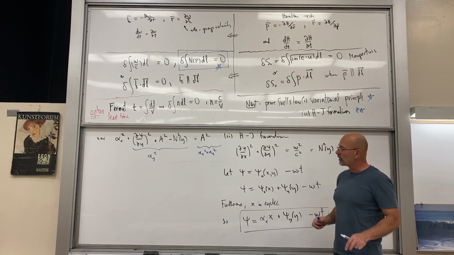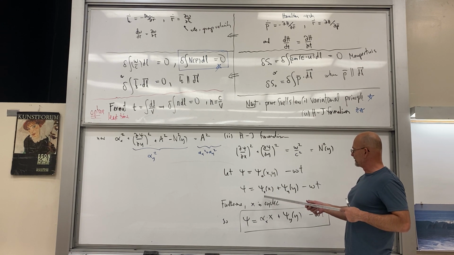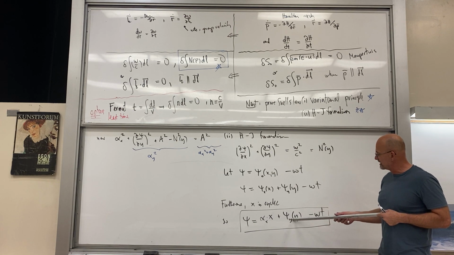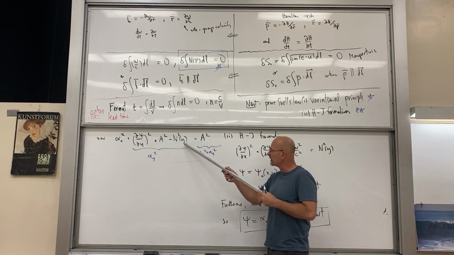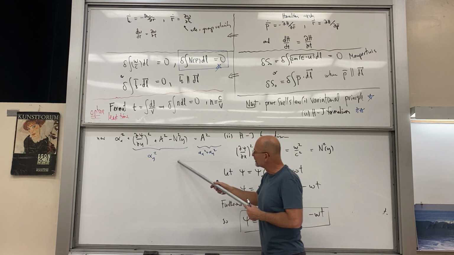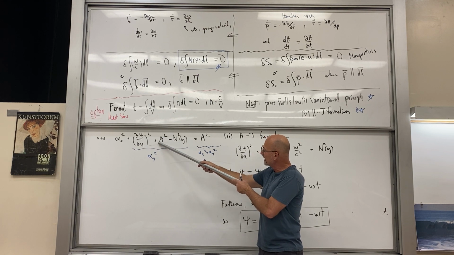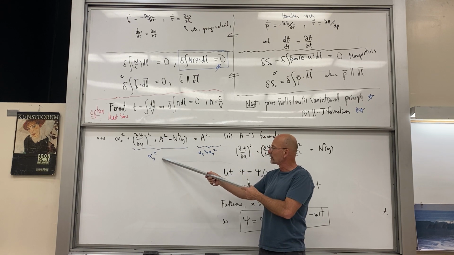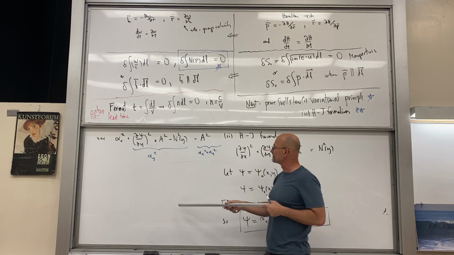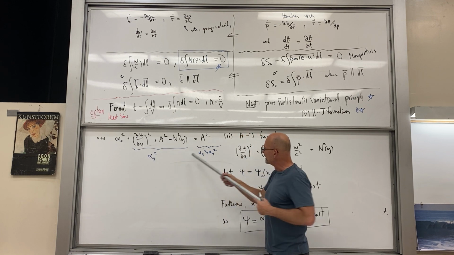There's still a couple of ways to tackle it, but we already have this. You have to get Cy of y, which you can get by solving this differential equation: dC/dy squared plus a squared minus n squared of y is equal to alpha sub y squared, which is another constant, right? And then it's just saying that the left side equals the right side.